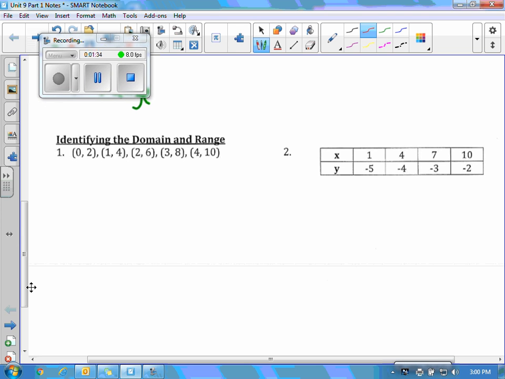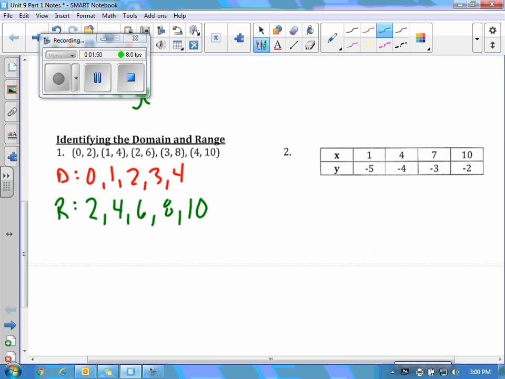So again, remember the domain is all of our x values. So in this case, that's 0, 1, 2, 3, and 4. The range is all of the y values, 2, 4, 6, 8, and 10. Now I know that sounds really basic, and it is, but you have to make sure you understand that before we can move on to anything else.